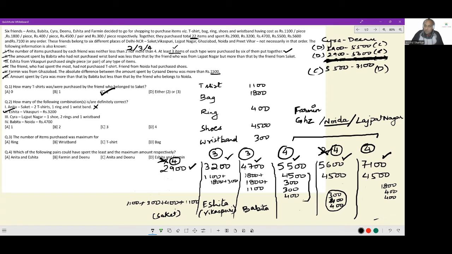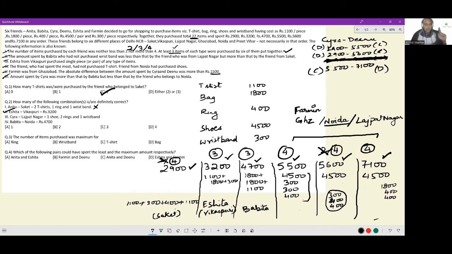Saira is from Lajpat Nagar. One shoe, two rings, and one wristband. Can I have Saira Lajpat Nagar at spot 4, Farmin Ghaziabad here, and last spot being Noida and whoever? Saira cannot be at 7100 spot, so let Noida be here, and Saira and Lajpat Nagar be here.